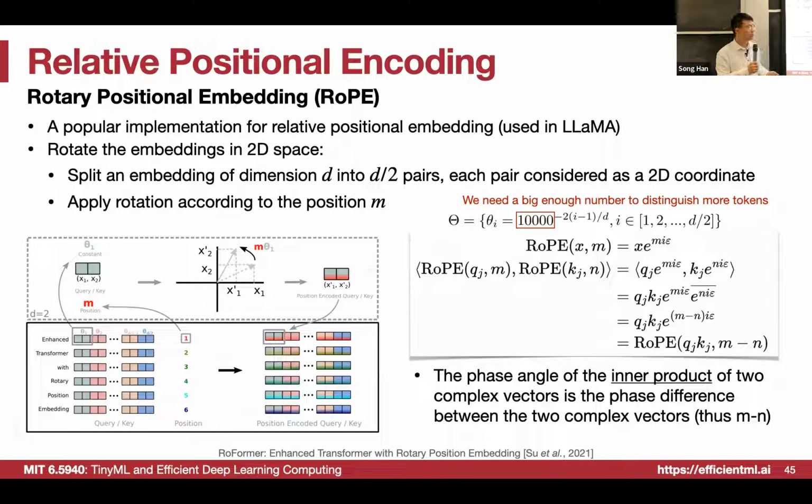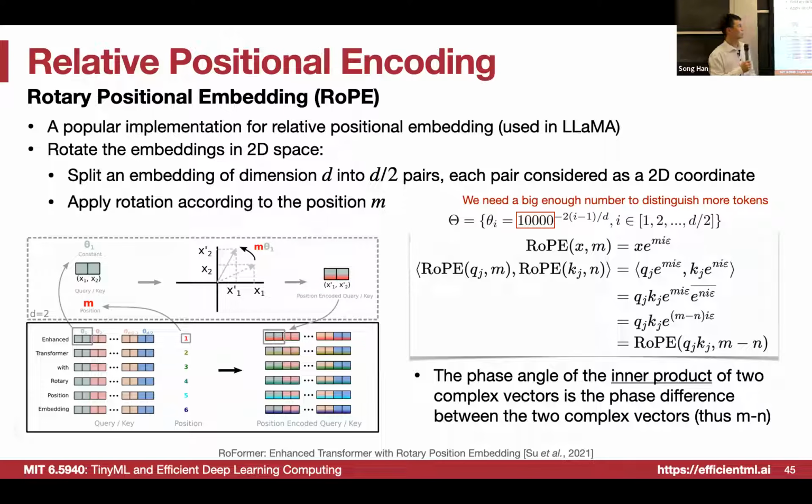Why do we need a 2D coordinate? So that we can rotate in the 2D space. And we apply our rotation according to the position m: first token, second token, third token, sixth token. This is the enhanced transformer with rotary position embedding. We have 6 tokens here. We divide the hidden dimension of each token and group them by 2.